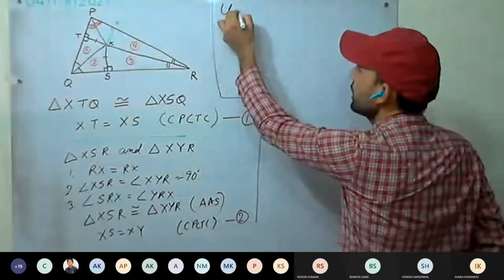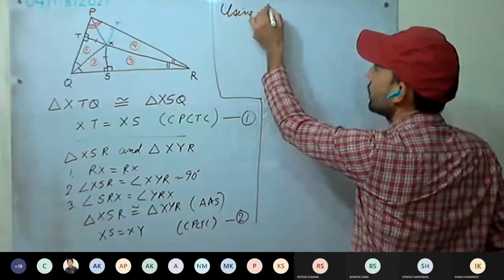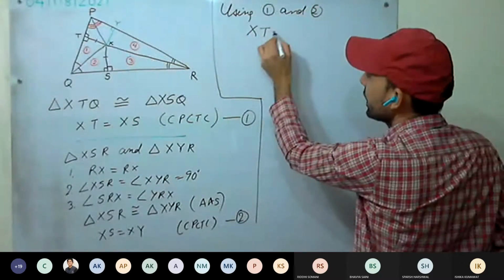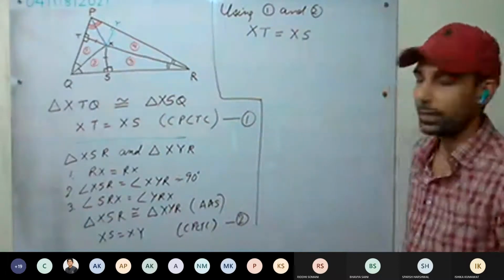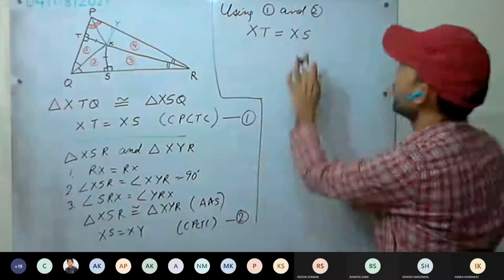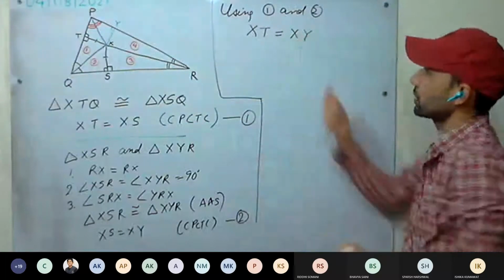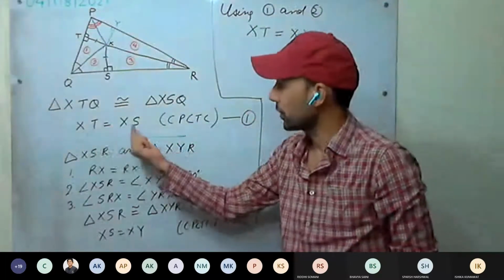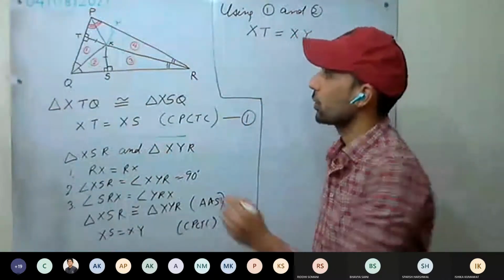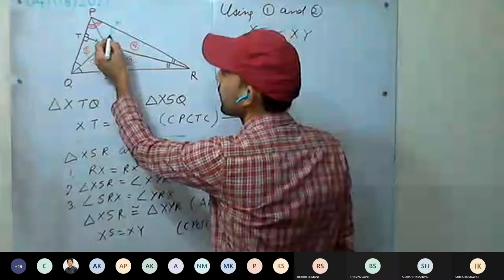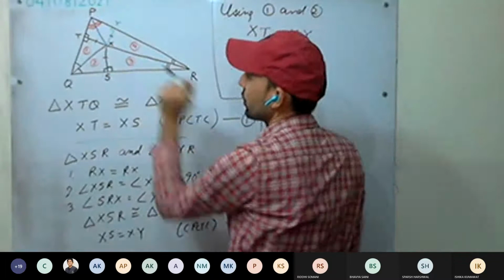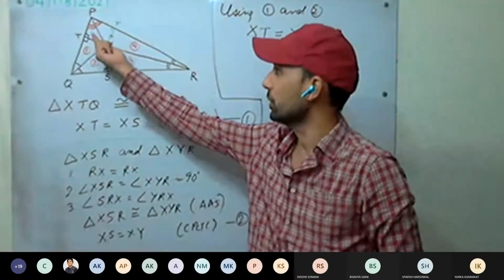So using first and second, XT equal to XS, which we proved, and now we have to prove XT equal to XY. So XT equal to XY. Now we have proved using first and second that these two are equal. Now can we prove these two triangles congruent?